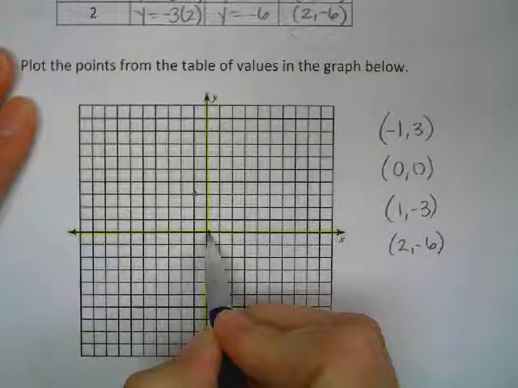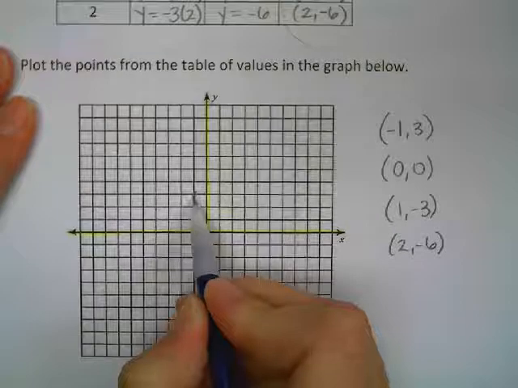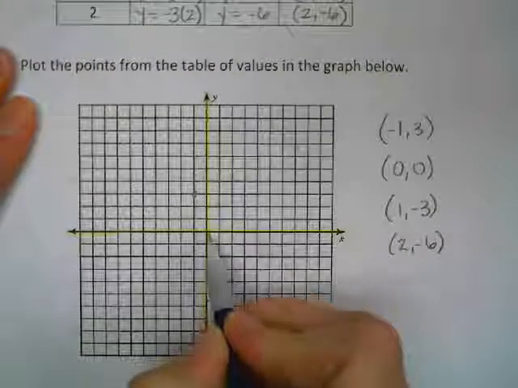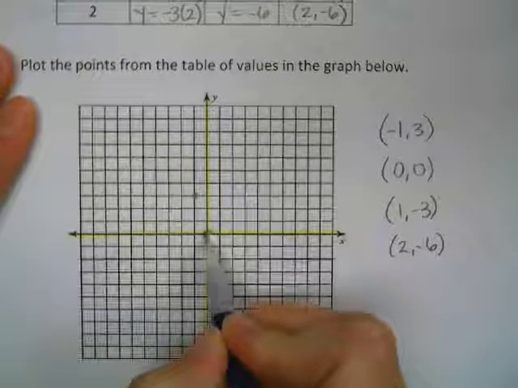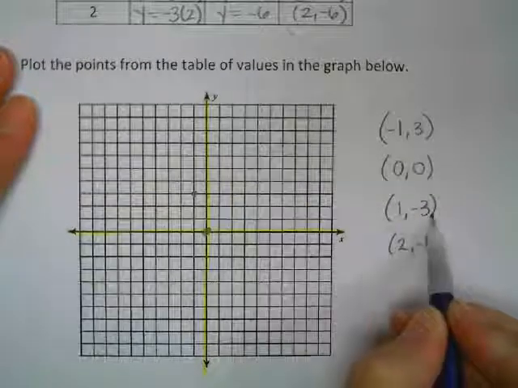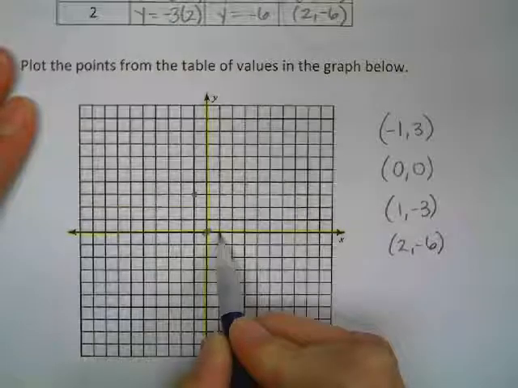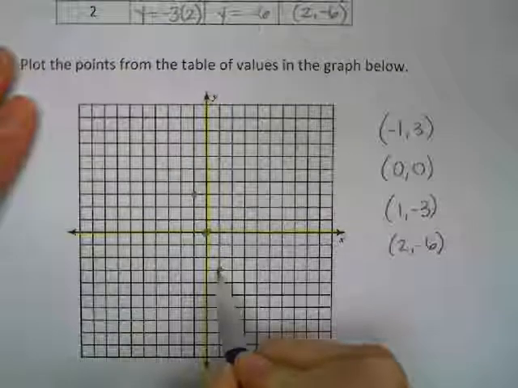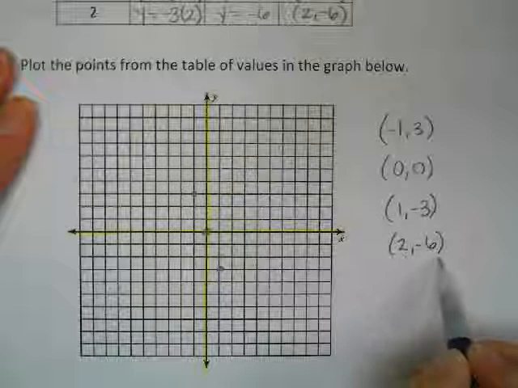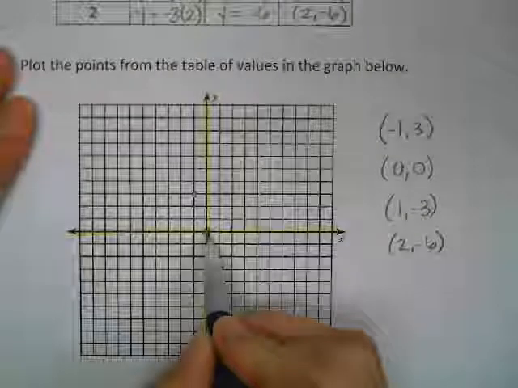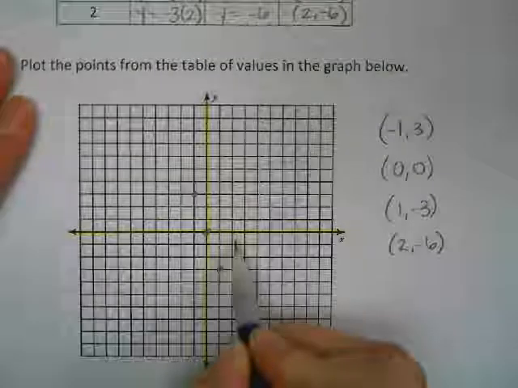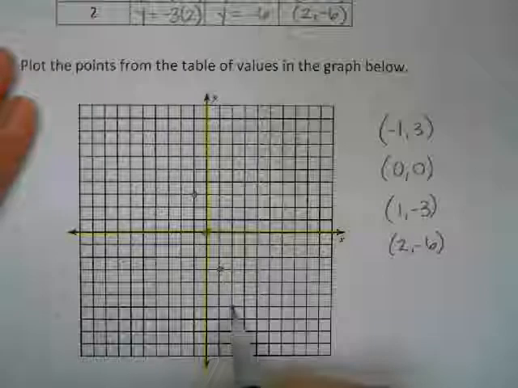So again, negative 1, 3 is to the left 1, up 3. Then 0, 0 is the origin. 1, negative 3, start at the origin, go to the right 1, down 3. And then 2, negative 6, start at the origin, go to the right 2, and then down 6.